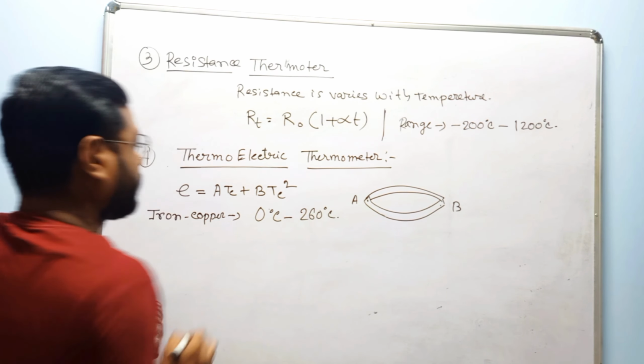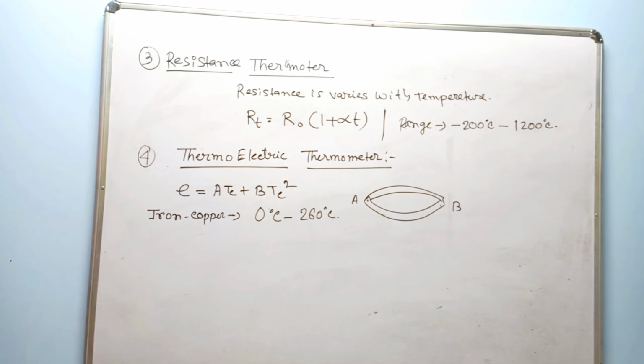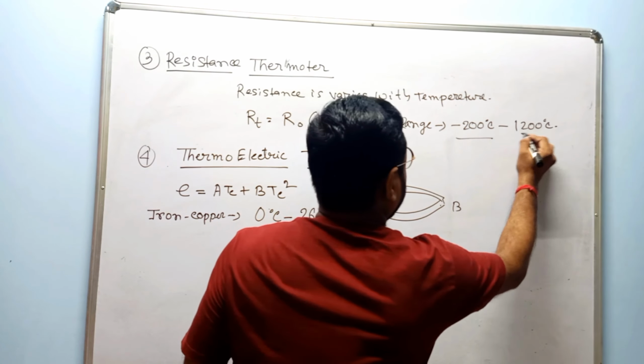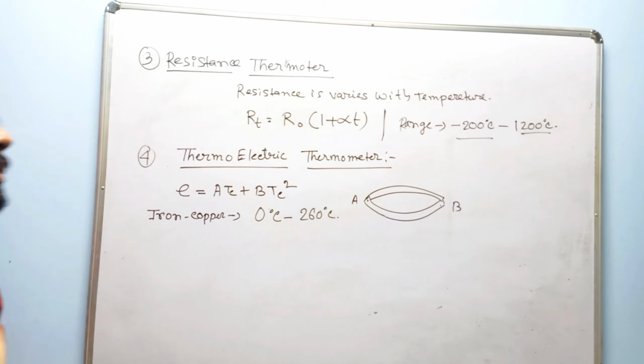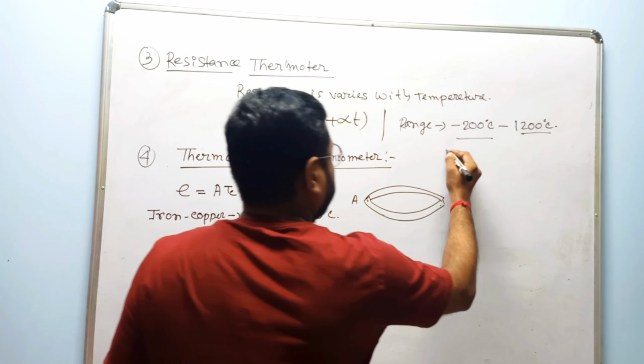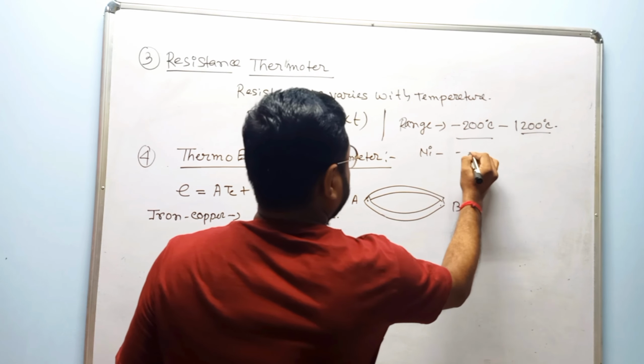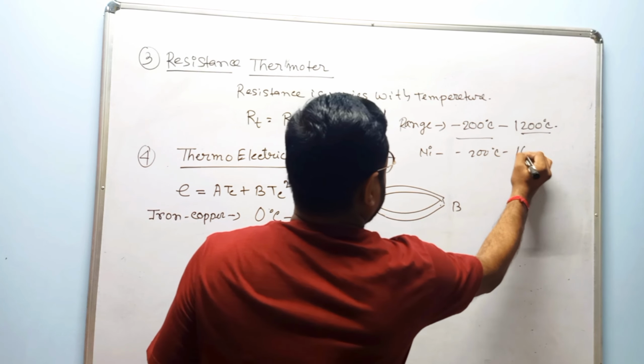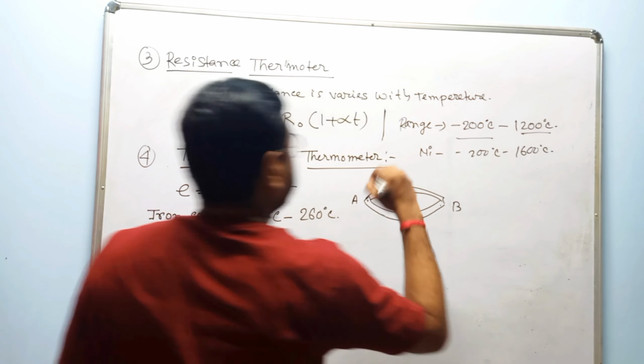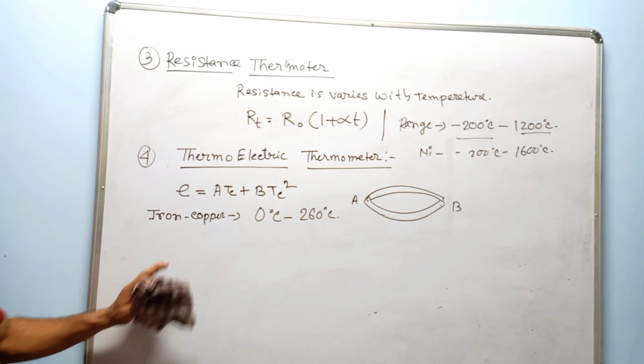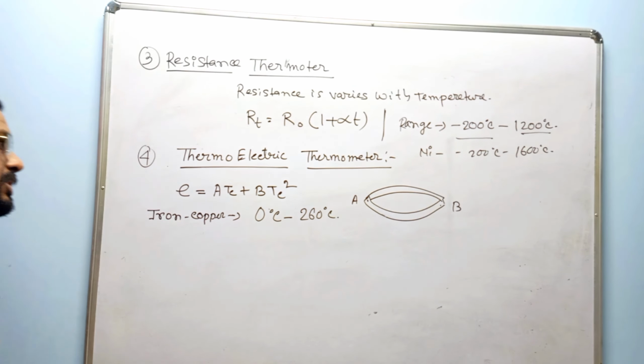The range of platinum resistance thermometer is minus 200 to 200. This is also used for nitrogen. In nitrogen it is minus 200 degree centigrade to 1600 degree centigrade. So the range is similar. Iron copper is 0 to 260 degree centigrade.